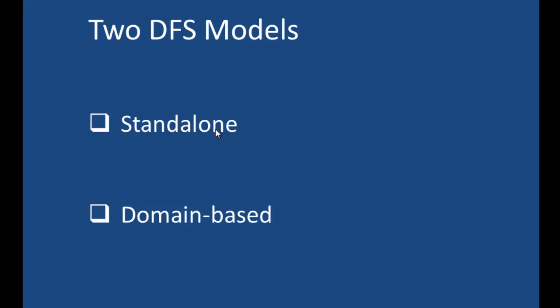Also, with the standalone model, the DFS root, which would be your main server, your first DFS server, cannot be replicated. DFS is accessed by typing the server name, domain name, and the DFS root name.